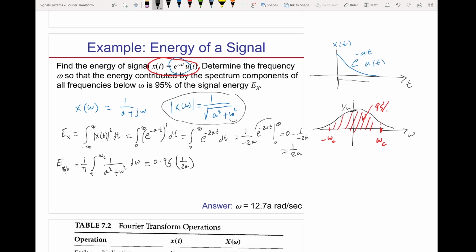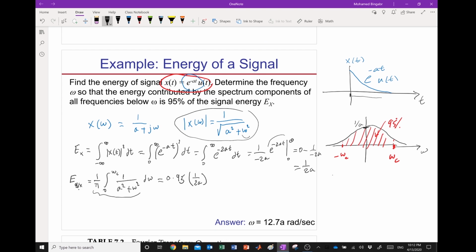Now you carry out this integration, and you can use the integration table to find the integral of 1 over a squared plus omega squared. In our case, this integral is exactly the same as the one in the table, except instead of the x variable we have the omega variable.